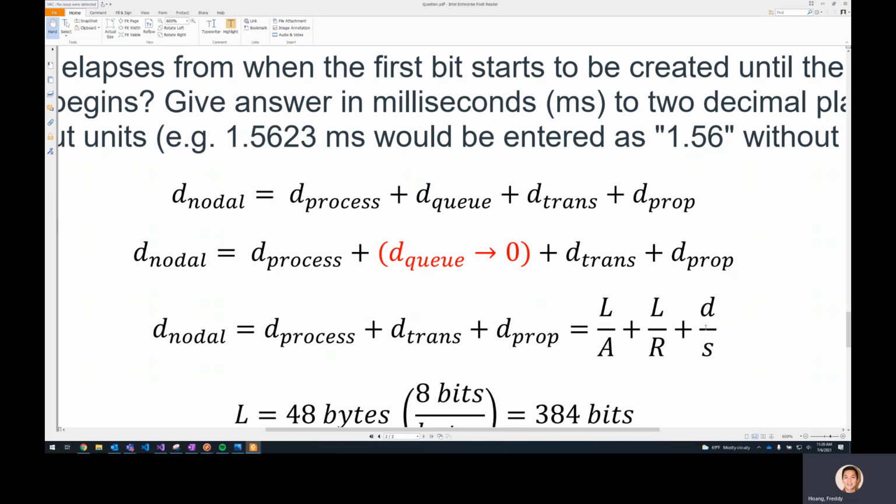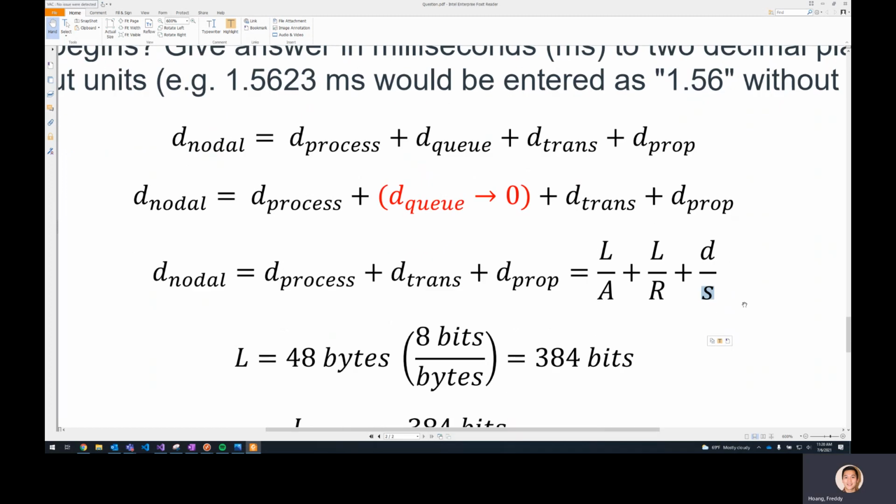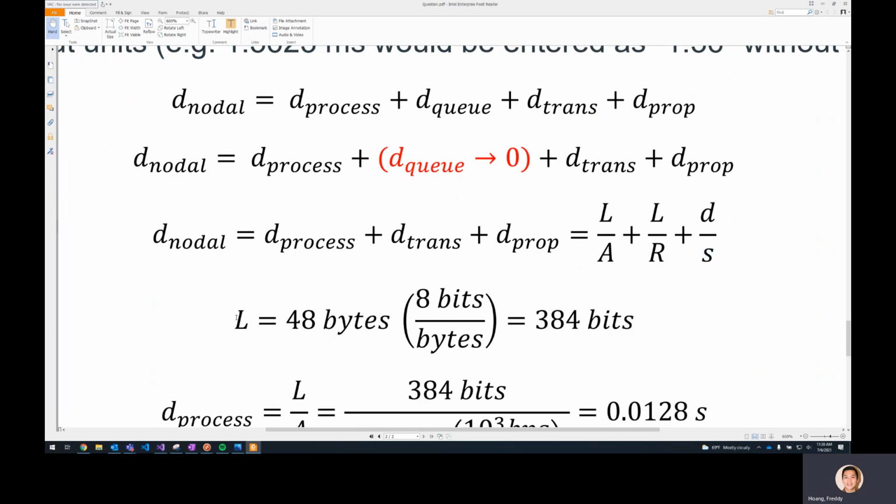And then your propagation delay, which is just the distance the packet has to travel over the speed it travels at. So first of all, the simplest thing you can always do is convert the packet from bytes to bits, since all of our rates are always in some manner of megabits or kilobits. So it makes more sense to convert that immediately.